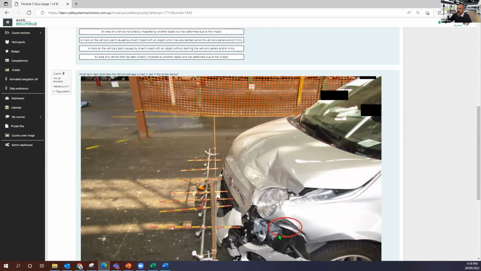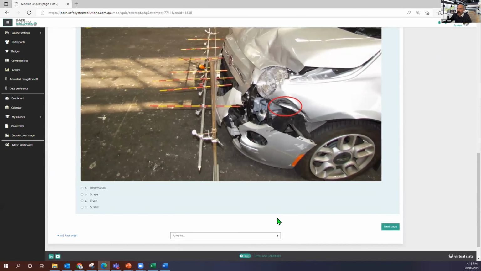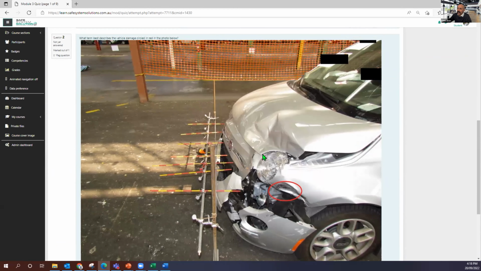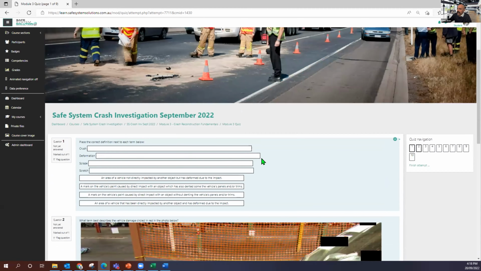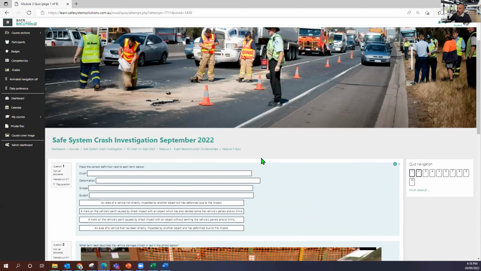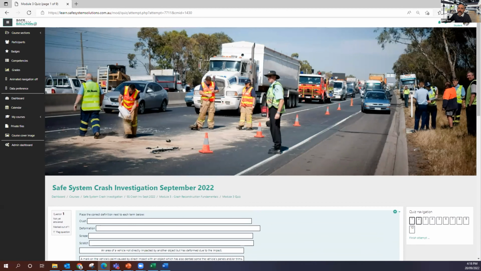We've got some different crashed vehicles for you to work through, and you'll be utilizing the knowledge that you've gained throughout this session and doing a little bit of analysis yourself. Okay, I'm going to stop sharing there, and I think that pretty much gets us to the point where we're able to let people go.